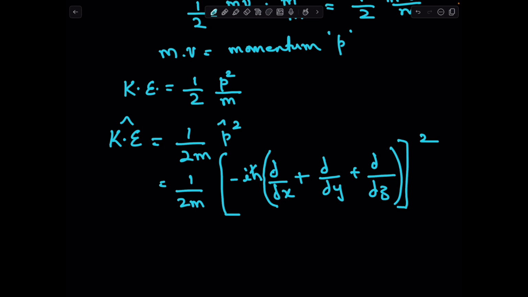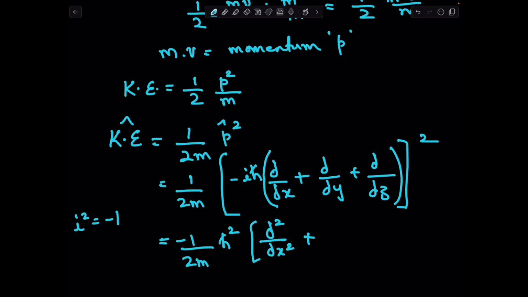the whole squared, which is 1 by 2m times i squared, and i squared equals negative 1. So we get minus 1 by 2m times h cross squared times dou squared by dou x squared plus dou squared by dou y squared plus dou squared by dou z squared.